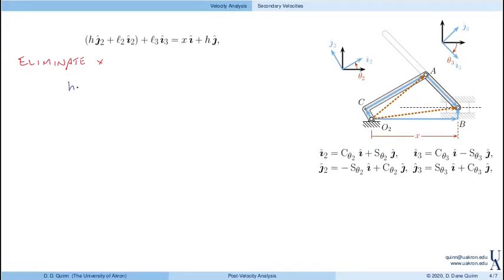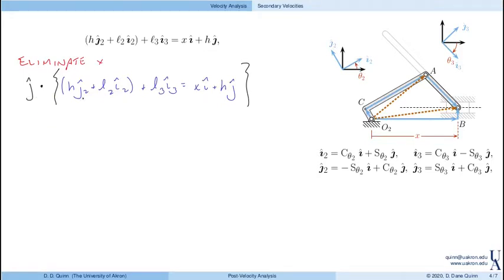Let's write out the loop closure equation again: hj2, L2i2, L3i3 equals xi plus hj. We need to eliminate this term xi. Well, x is an unknown magnitude, so we'll dot this with the perpendicular direction, which in this case is just j.